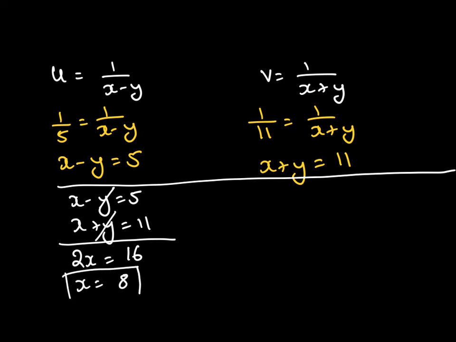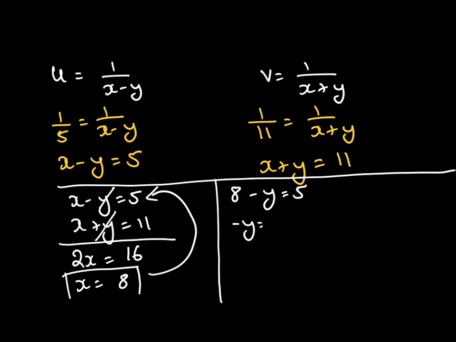So we found out x. We can take the value of x and plug it into this equation. We get 8 minus y equal to 5. Minus y is equal to 5 minus 8. Minus y is equal to minus 3. So y is equal to 3.